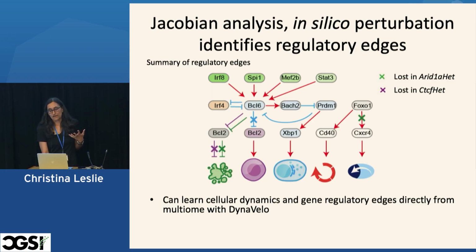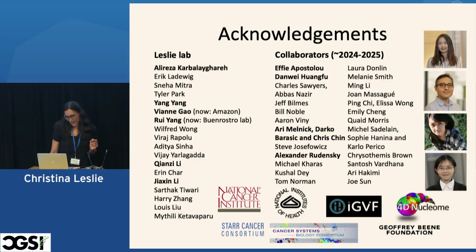And then we also have data in an ARID1A heterozygous loss. This is a mutation that you see in lymphomas, and also a loss of CTCF. We can predict what interactions are lost when you have these genetic changes. Okay, so that's mainly what I wanted to get through. There's more detail in the paper. Maybe next year I can give the whole talk on this.